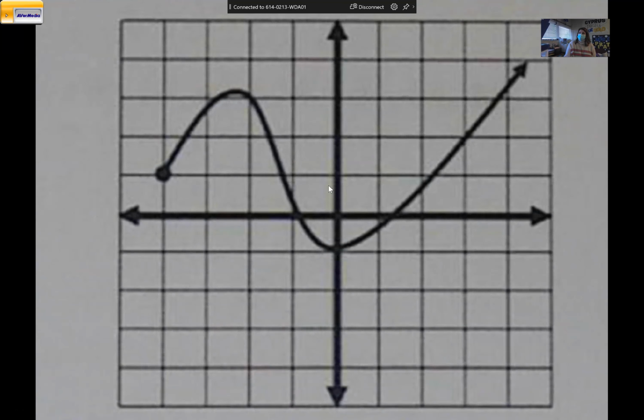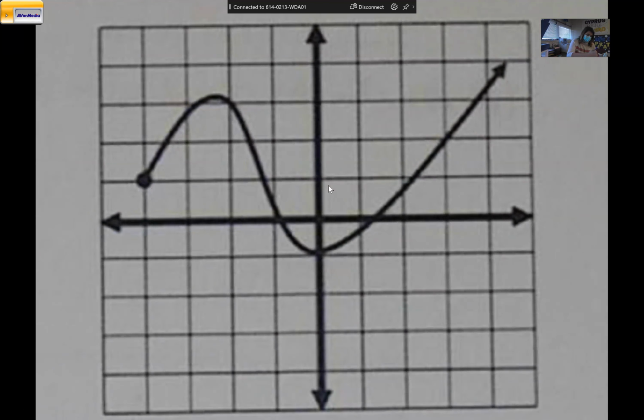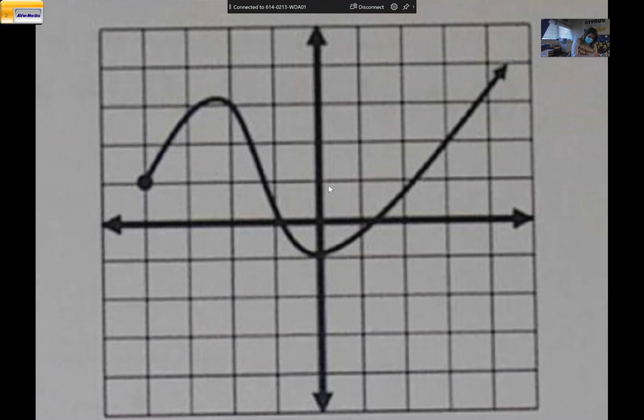Ten, five, three, two. Okay, show me. Negative 4 to infinity.